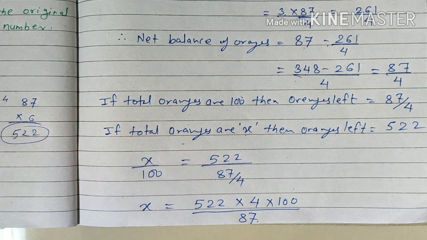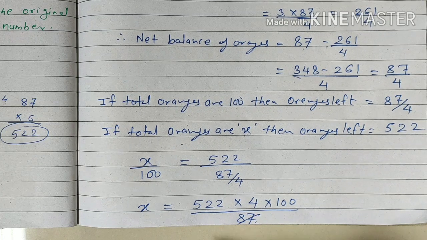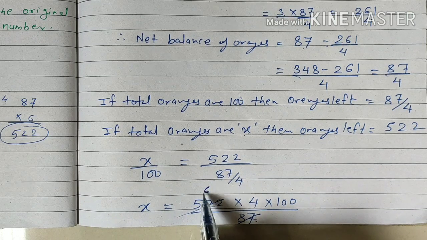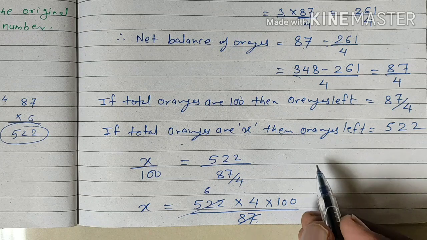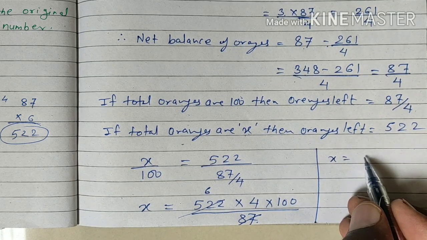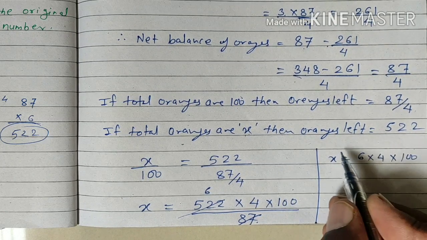Yes, it is 522. So that means we can directly cancel this. 87 ones are 87, 87 6s are 522. So remaining values are, to get the value of X, we can write 6 into 4 into 100.